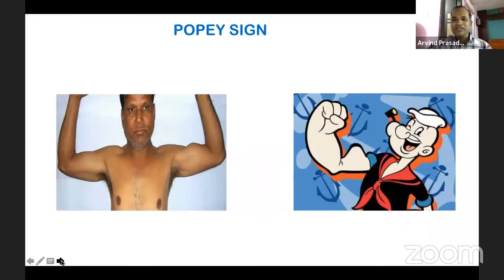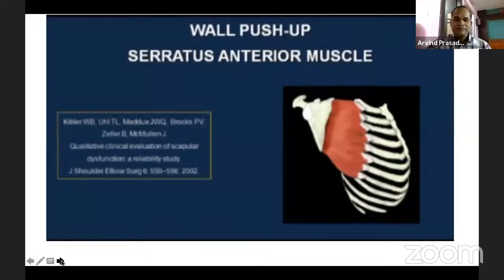In this case, we can identify the Popeye sign, which is basically the tear of the long head of the biceps. Usually the patient has no complaint, does not even notice this, and remains happy with it. But when you do abduction and flexion of the elbow joint, this sign becomes prominent. So this is the Popeye sign.